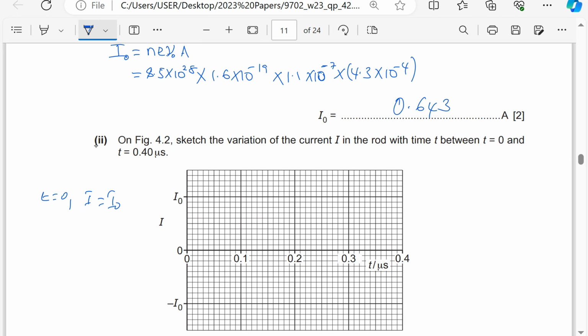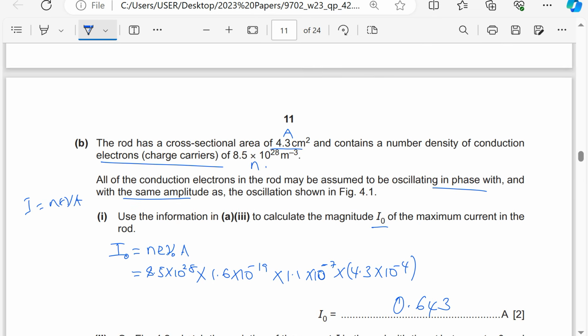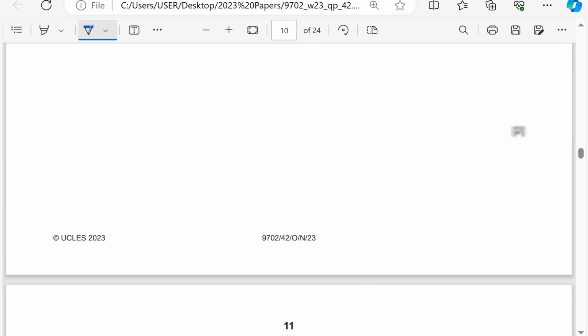sketch the variation of the current I in the rod with the time t from t equals 0 to t equals 0.4 microseconds. So let's check here.